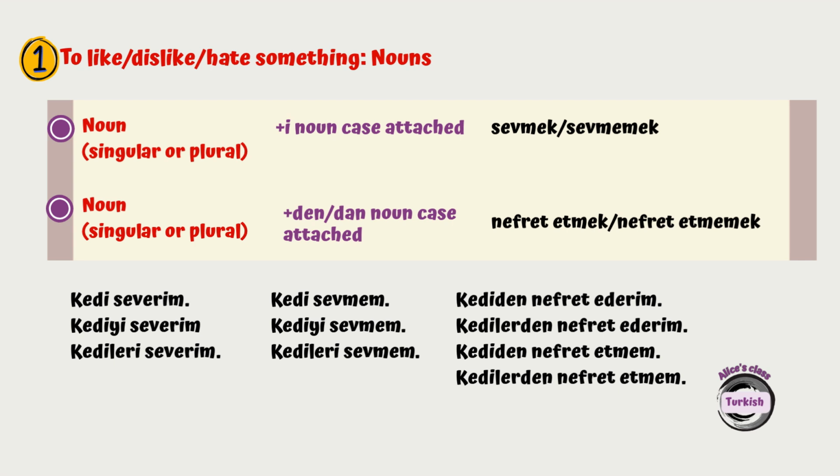Noun can be singular or plural, but we have to attach e noun case following vowel harmony rules. It's also possible not to attach e noun case, like in that example, kedi severim, right? If you want to use nefret etmek or nefret etmemek, to hate or not to hate, we can use noun in singular or plural form, but we have to attach den dan non case.